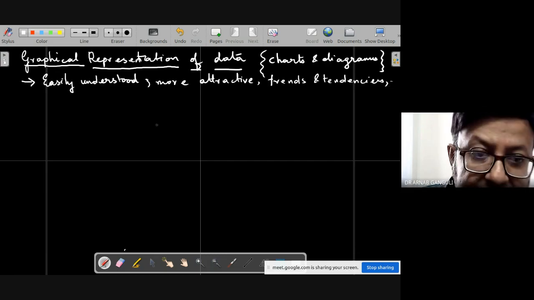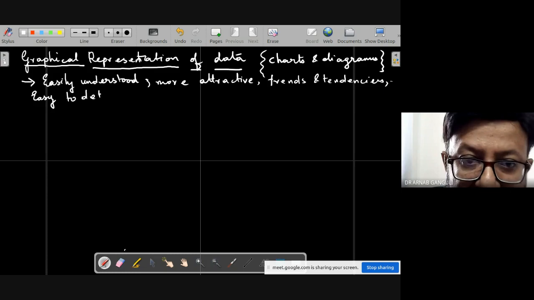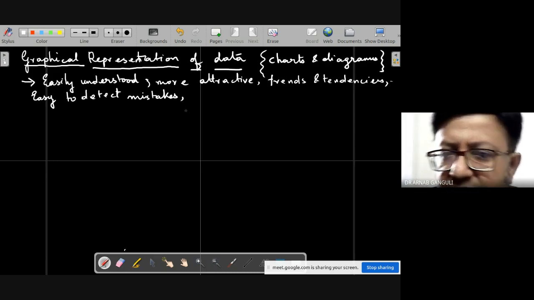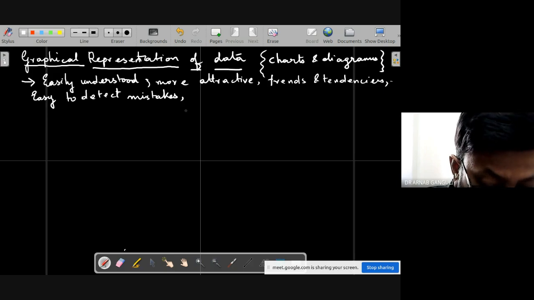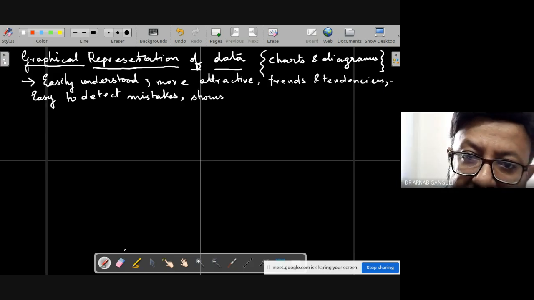Then, easy to detect mistakes. If you look at pictures, it is simpler to detect mistakes. If there is a problem or a mistake, it can be easily seen here. Shows relationships much better.